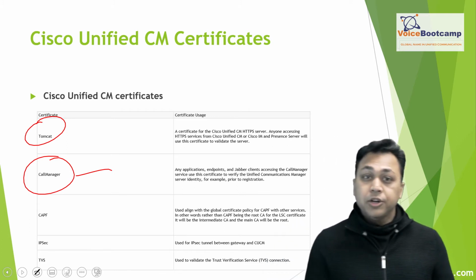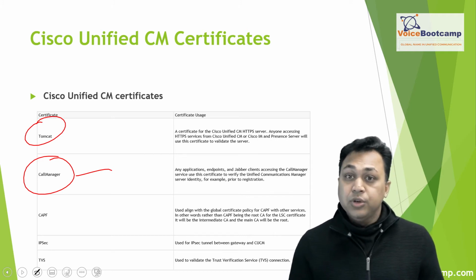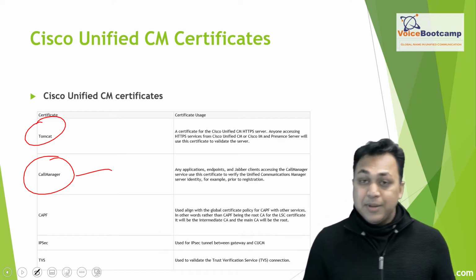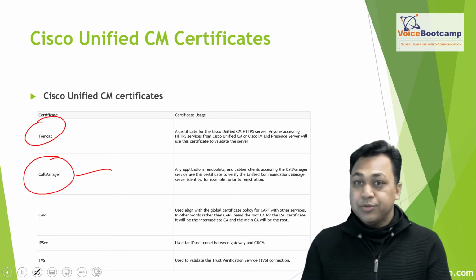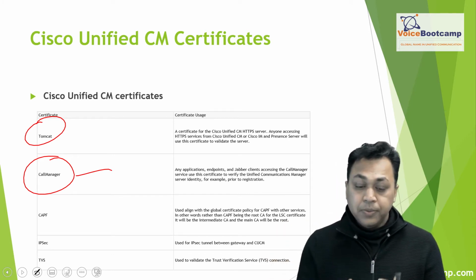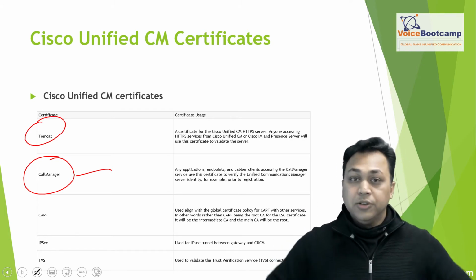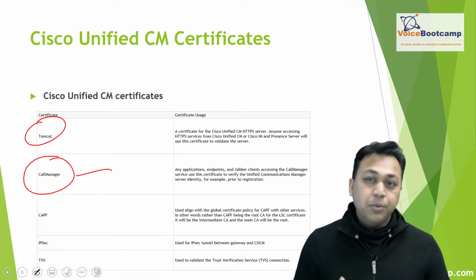Services that support certificate verification are listed in the following table. If Cisco Unified CM is in a cluster, then the certificate only needs to be uploaded once for each service. So that means if you have a publisher, one subscriber, and one IM and presence, which happen to be in one cluster, you upload the certificate in one location, and it will get distributed to all the servers. So you don't have to repeat the process for all of them.